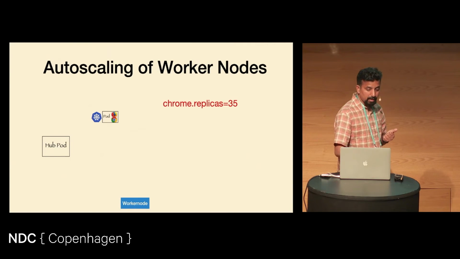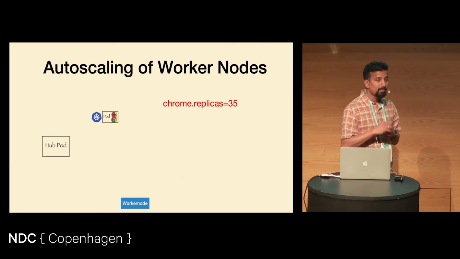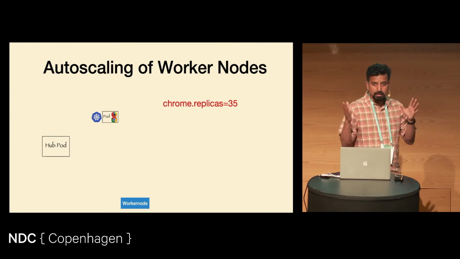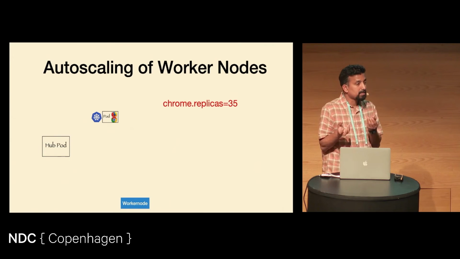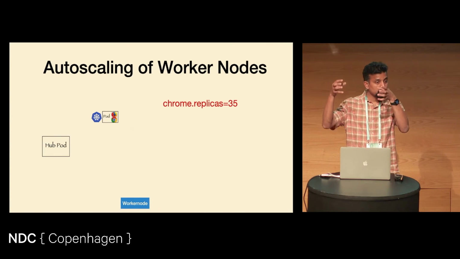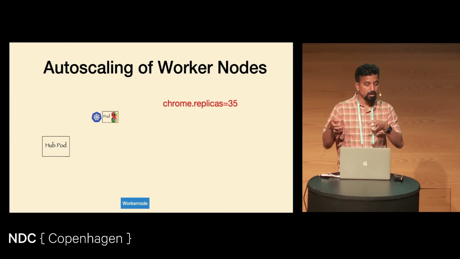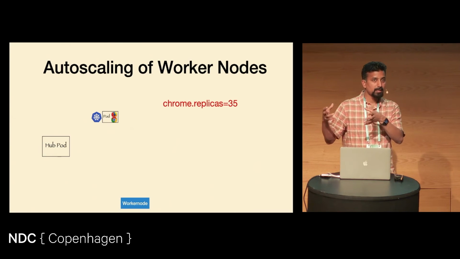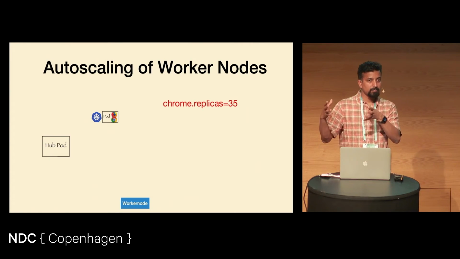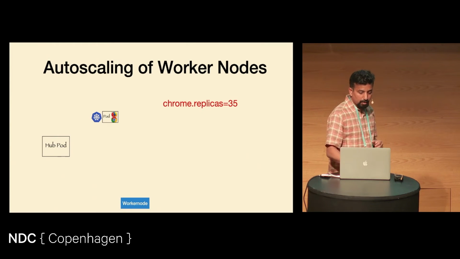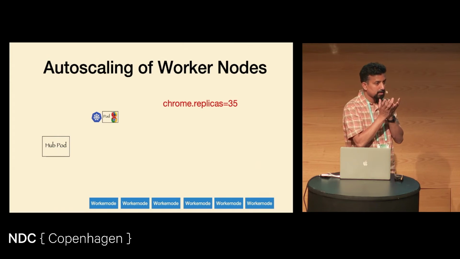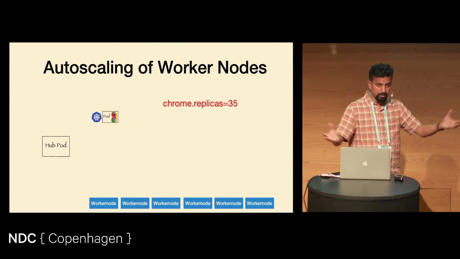But now I'm saying increase the Chrome by 35 or 50 or whatever, right? Now the cluster doesn't have enough worker nodes to run those extra 35 browser pods. Each requires around 1 GB of memory and probably half a CPU. What's going to happen is Kubernetes is going to scale your worker node first.